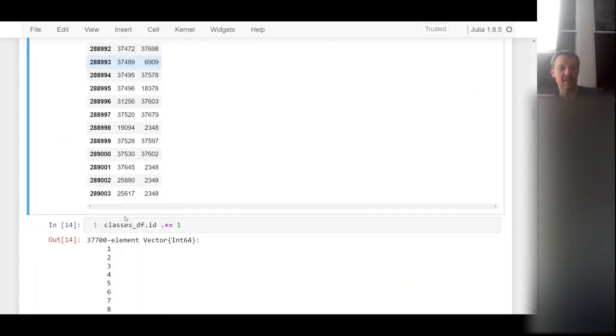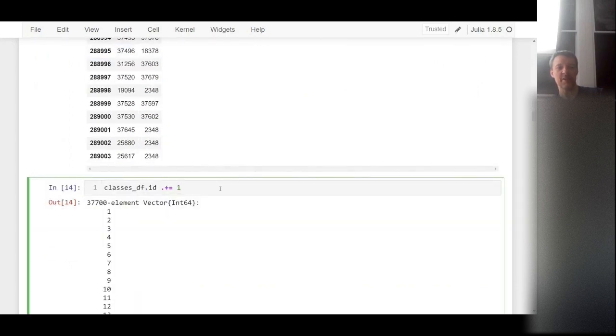But in the second data frame, I do not want to update the whole data frame because it also has other columns that are not IDs. I want to only increment the ID column of our data frame. So this is equally easy. If I want to update only one column, as we remember, using the dot, I can write a column name.